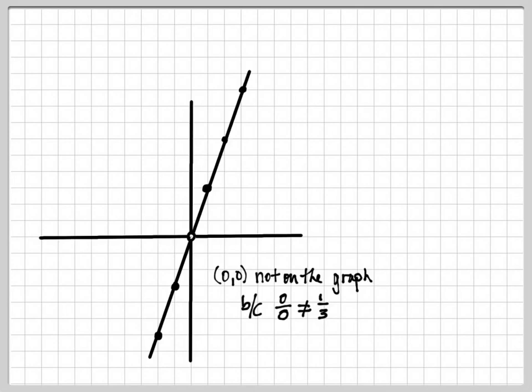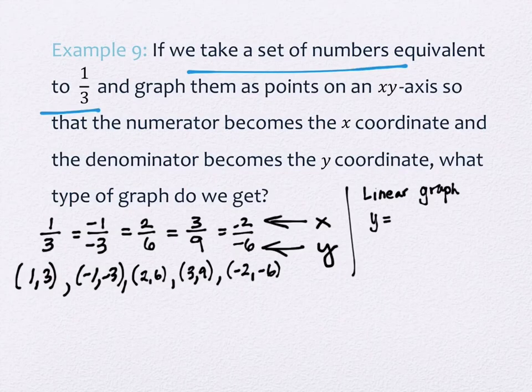The slope is 3, though, right? We rise up 3 and over 1, so the slope is 3. So this is a linear graph of y equals 3x, with a hole at the origin. Or you could say with a hole at 0, 0. Other than that, we get a linear graph.